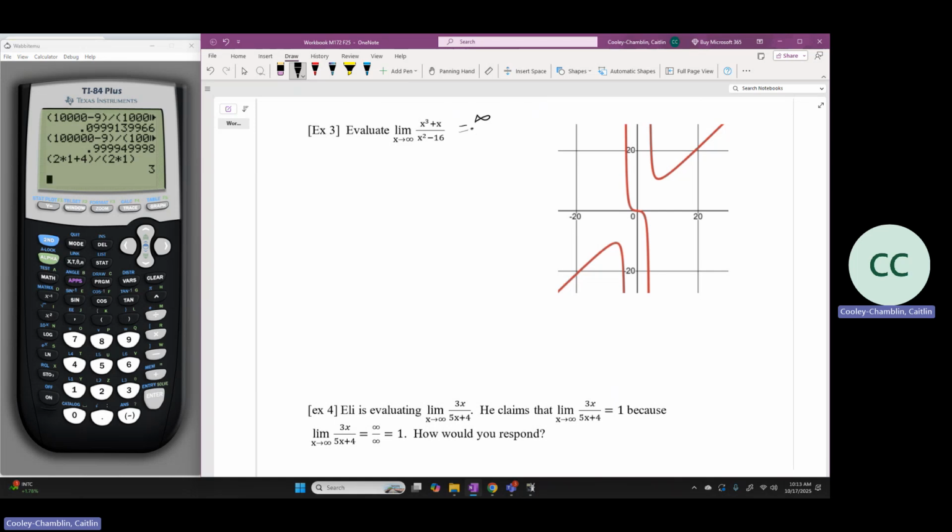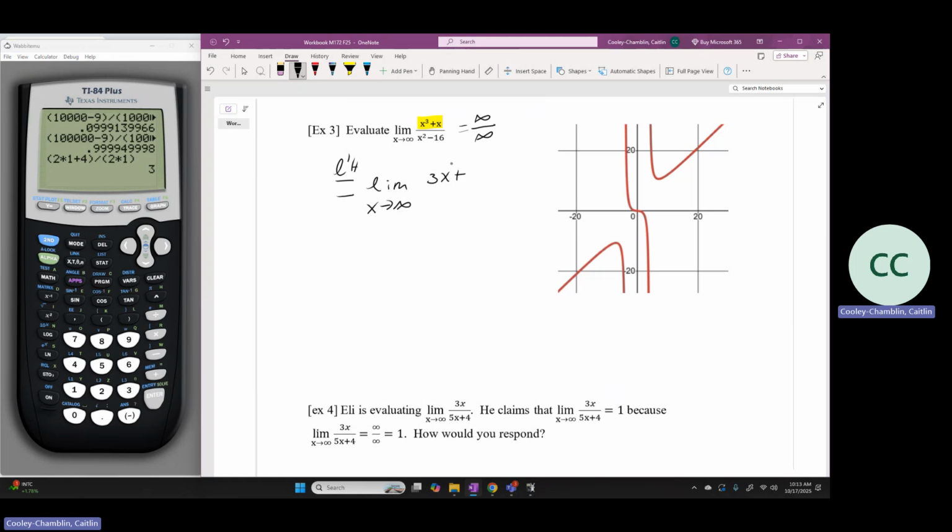Infinity squared minus 6 is infinity still. So we get infinity over infinity. So we can use L'Hopital's.